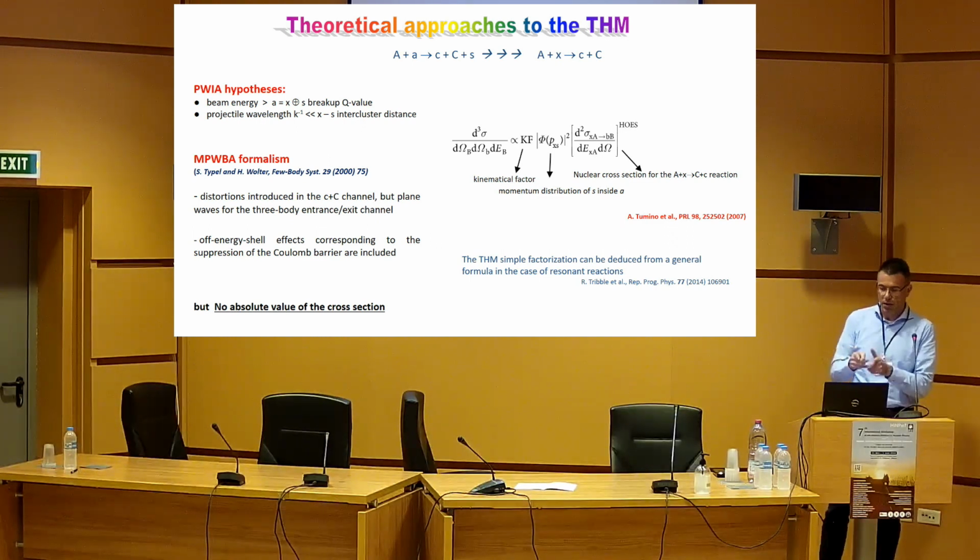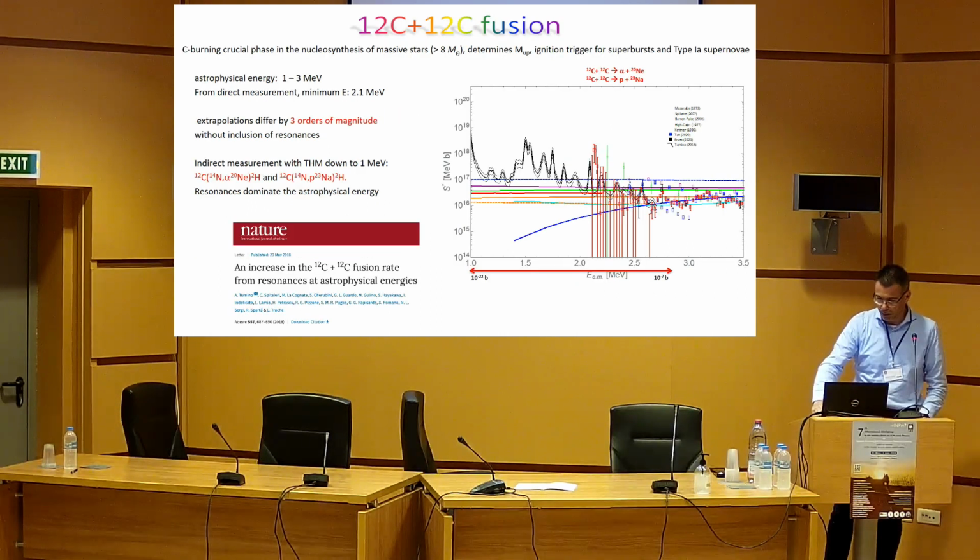But since you are not just performing a measurement at a single energy, in the sense that you have the same projectile energy, but when you have the breakup of the projectile into X plus S, you have a continuum spectrum of energies, you can extend your measurement of the two-body cross-section, and you can cover the range which has already been covered with the same beam energy by direct measurements. So in some way you have to normalize to already existing measurements.